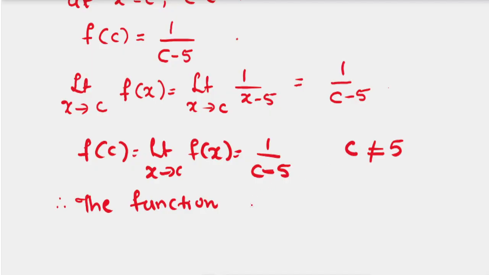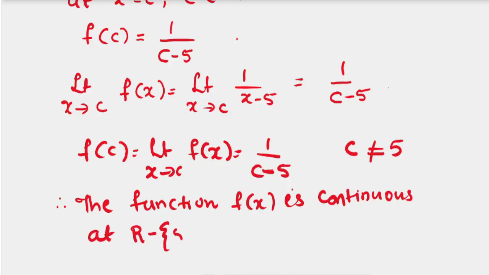So the function f of x is continuous for every real number except c equal to 5. We can write it as R minus 5. That is, continuous for every real number except 5.